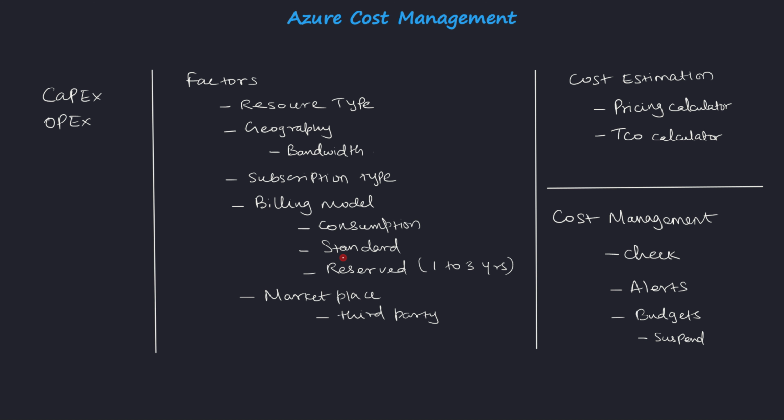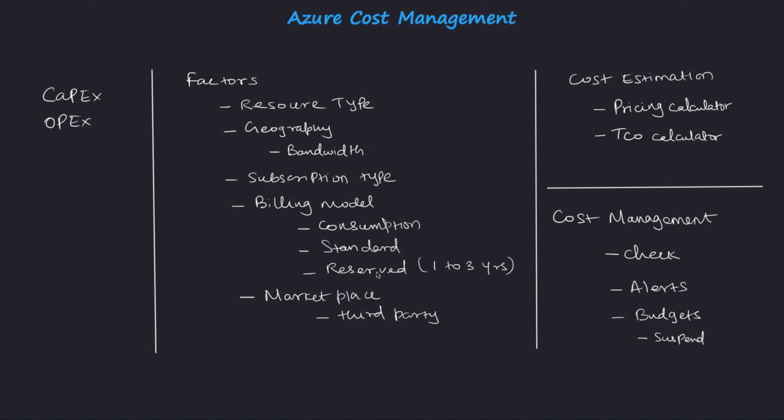Then we also have something called standard. This is actually applicable for resources like a virtual machine, for example. You'll be paying a fixed cost for that virtual machine, no matter whether you are using it on a day-to-day basis or not. Because that machine is allocated to you, you'll be paying a fixed cost for that particular machine. And another one which is linked to standard is called reserved.